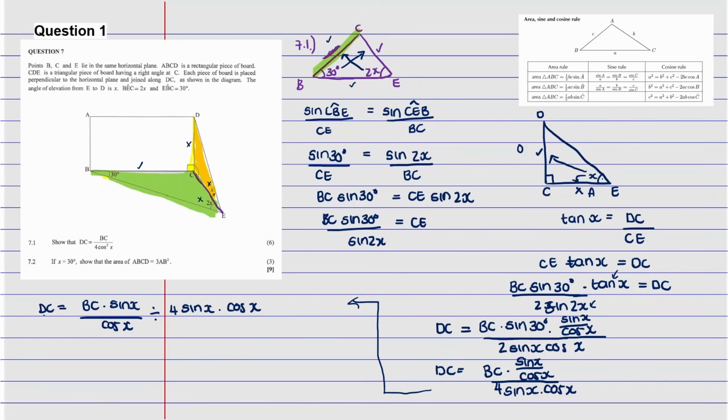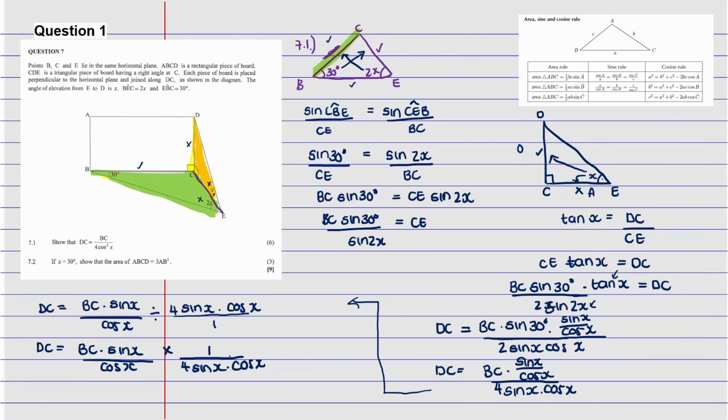So DC is equal to BC multiplied by sine x divided by cos x, and since the denominator is 1, it's going to change to 1 divided by 4 sine x, multiplied by cos x, right?